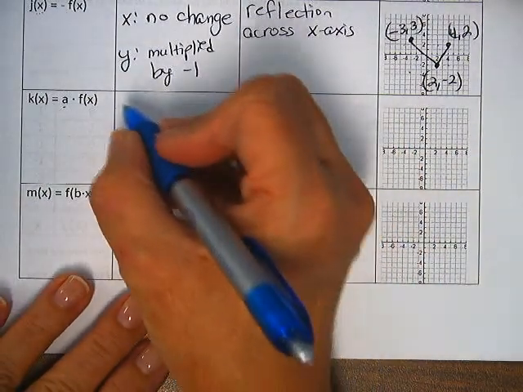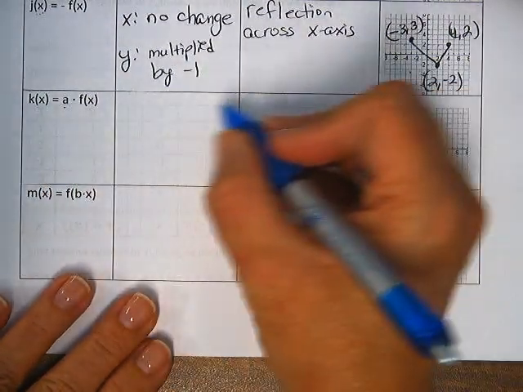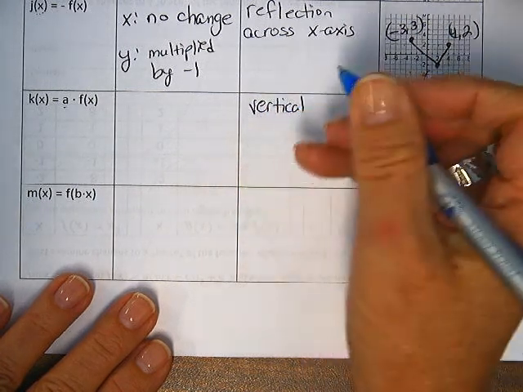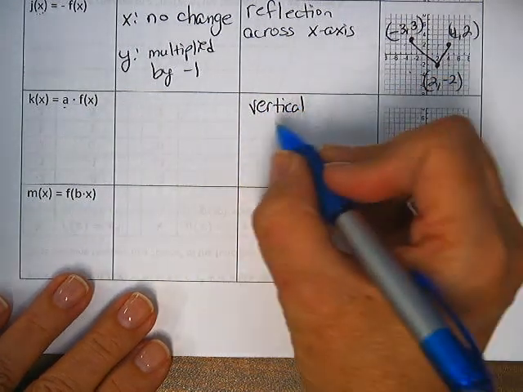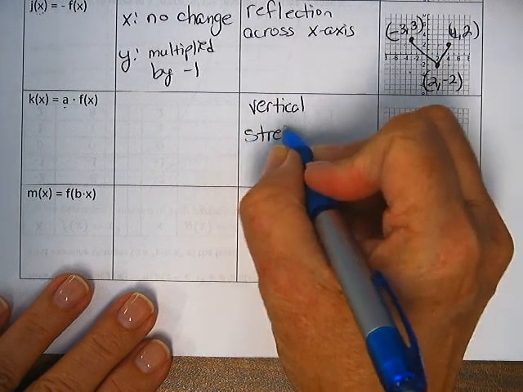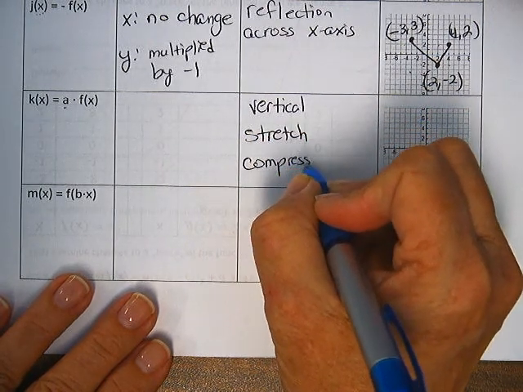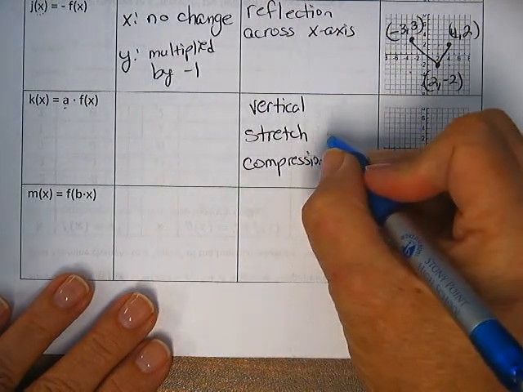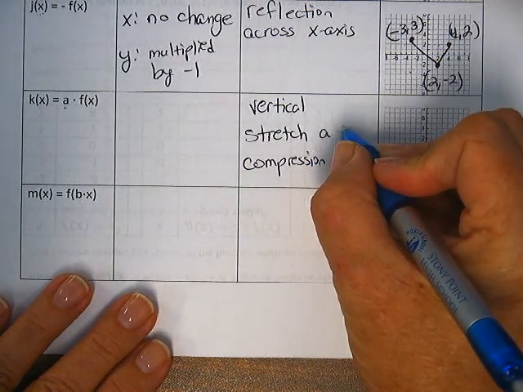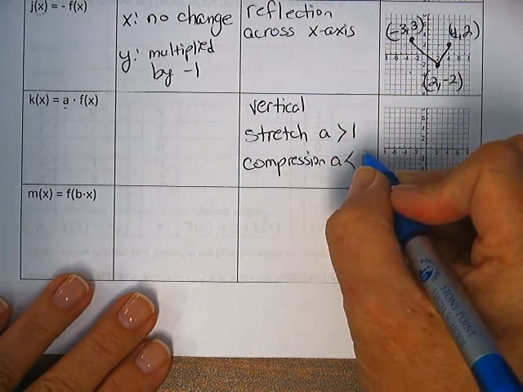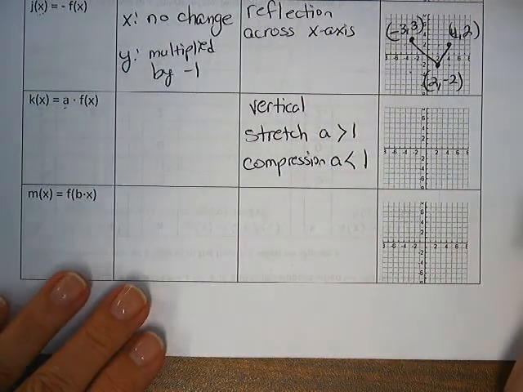So we know from the past that a controls our vertical. We either can get a stretch or we can have a compression. We get a stretch if a is greater than 1, and we get a compression if a is less than 1.